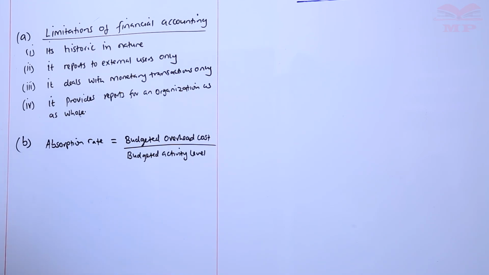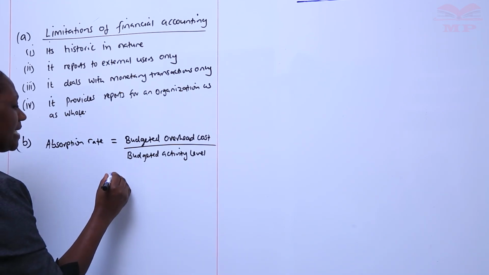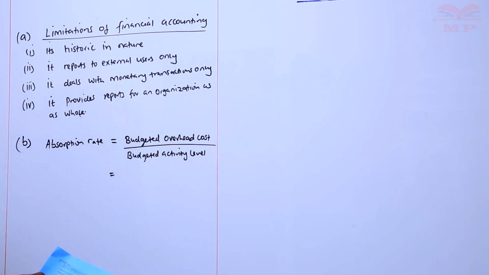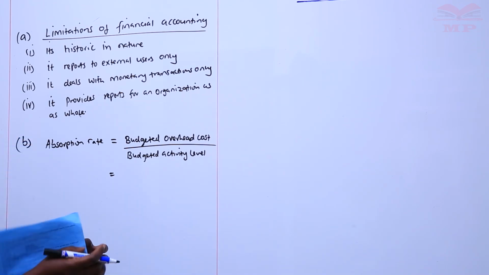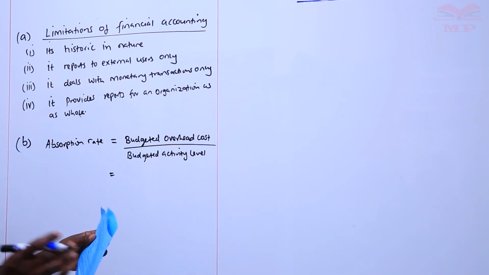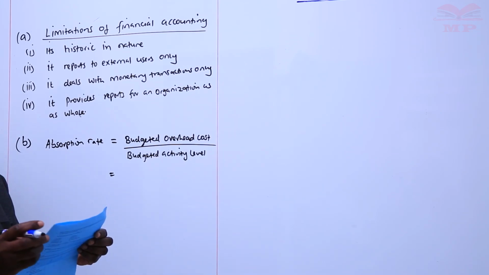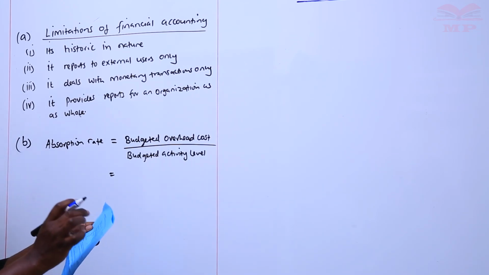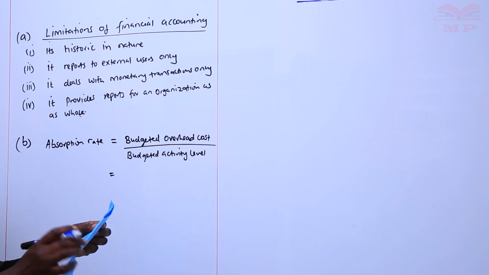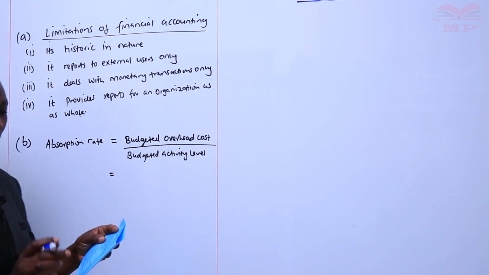So that means to calculate an absorption rate, we are basing on the production overhead that is given, whether it is budgeted. So under additional information note 1, you are told that the total production overheads for the month of June 2021 has been analyzed as follows.